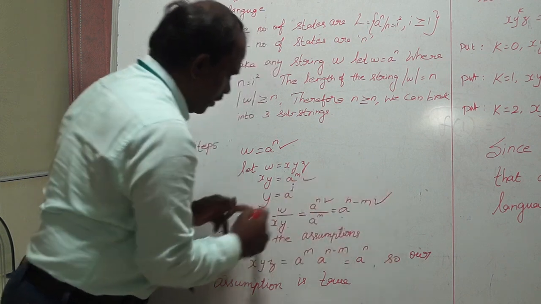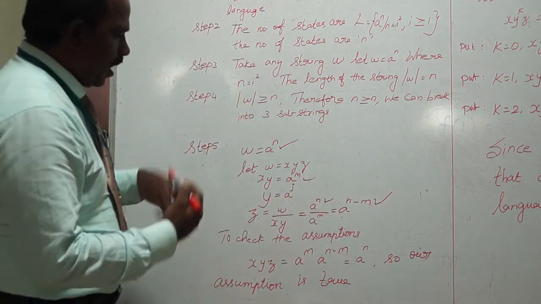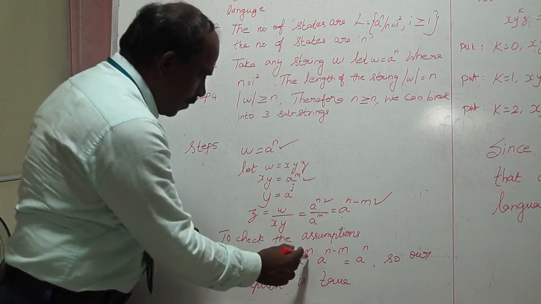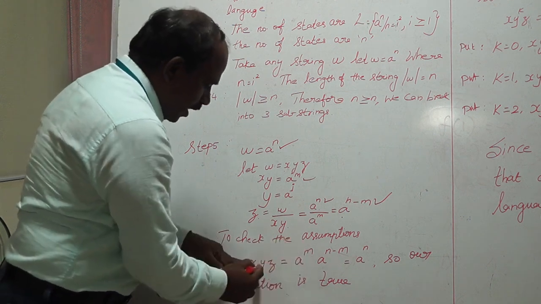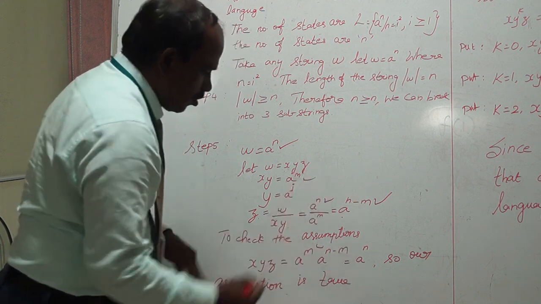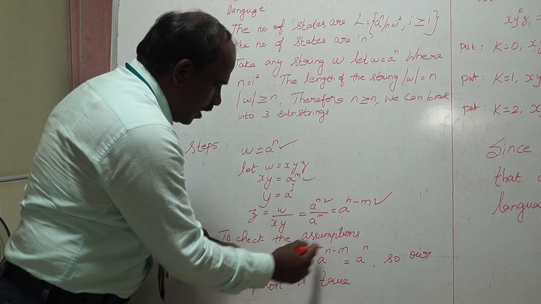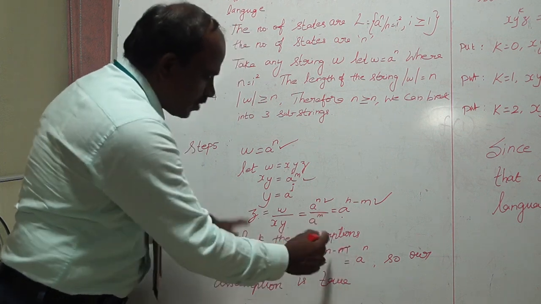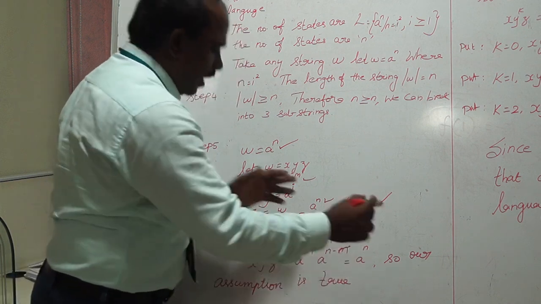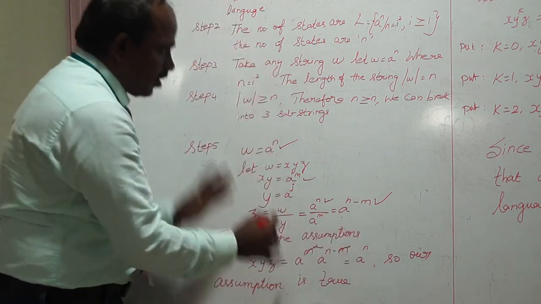This is the length for z. To check our assumption, xyz: xy equals a^m, then z length is a^(n-m). So in the total, this m will be cancelled, plus and minus, so the total length will be a^n. So our assumption is correct according to the pumping lemma theorem.